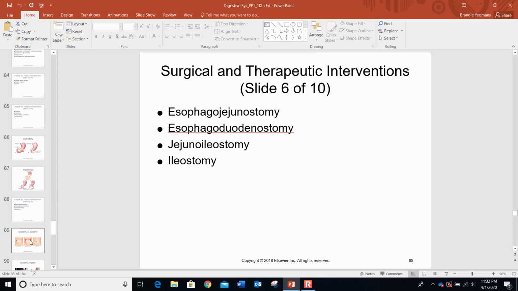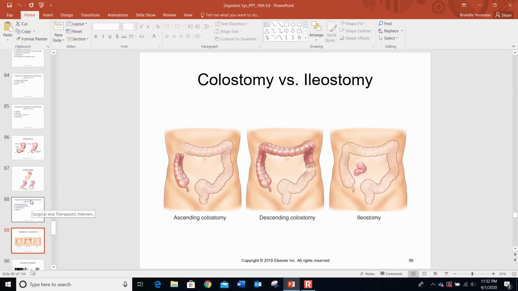I wanted to let you guys look at this, the colostomy versus an ileostomy. And this is just showing you at what part of the large intestines the patient is getting one of those surgical devices implanted, where we can have the waste products, the stool, to be eliminated into a bag that is worn externally for your patient.